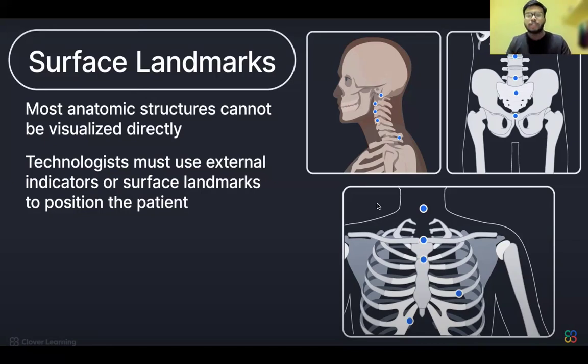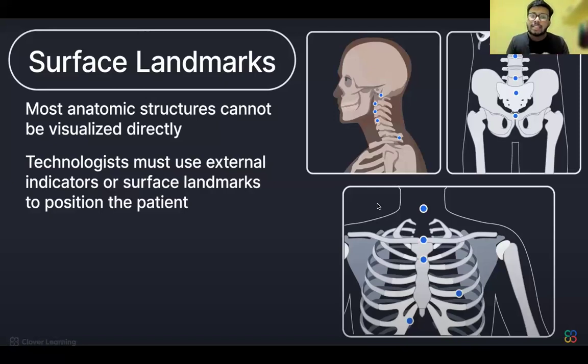For that, we have an external landmark, an external indicator. That is the inferior angle of the scapula. At the level of T7, we have the inferior angle of the scapula. So by looking at the inferior angle of the scapula, we understand that is the level of T7. That's the relevance of surface landmarks.